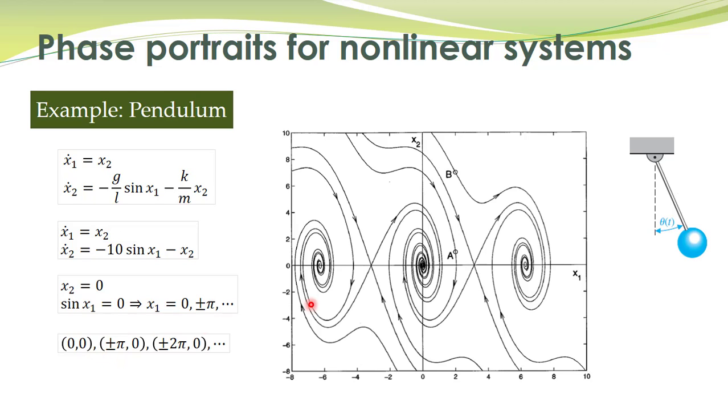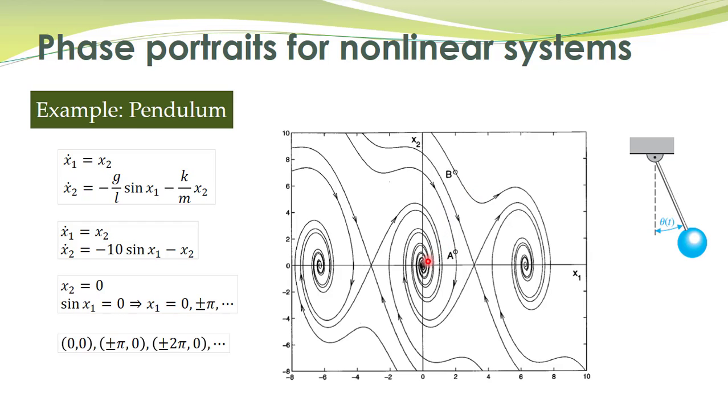Here is the phase portrait for this system for different initial conditions. How did we obtain this phase portrait? We shall talk about it later in more detail, that is, how to obtain phase portraits for nonlinear systems. Over here, we just want to describe the behavior of this system by looking at the phase portraits.